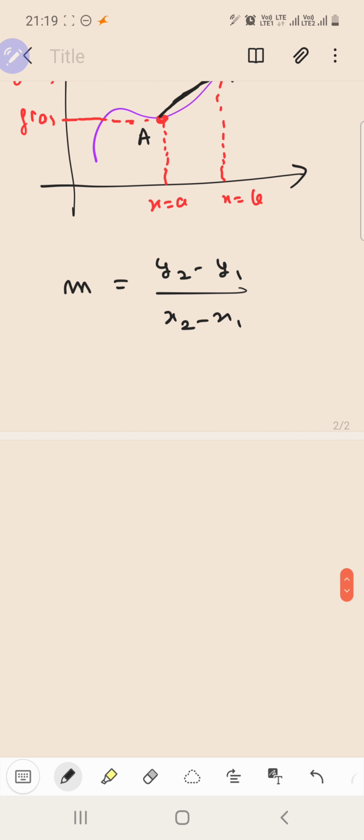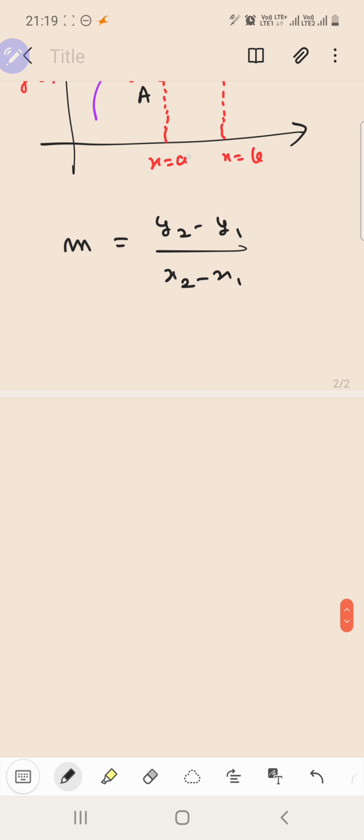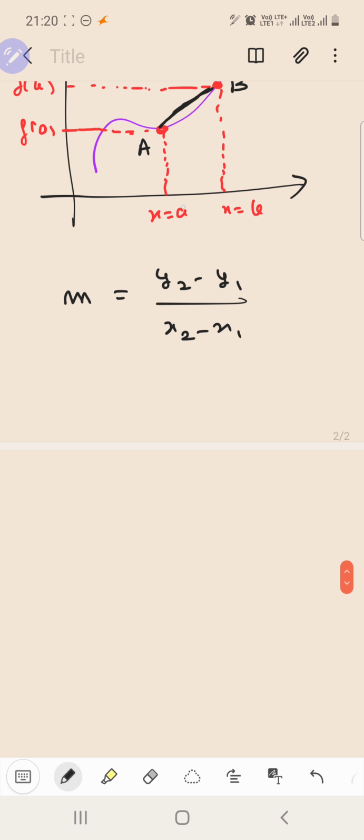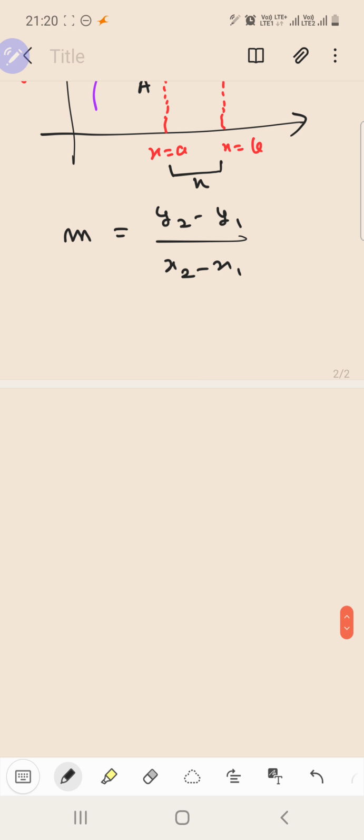Now here we will do a trick. Let us say that the difference between the point x = a and x = b be h. So basically from here we can say that b = a + h.